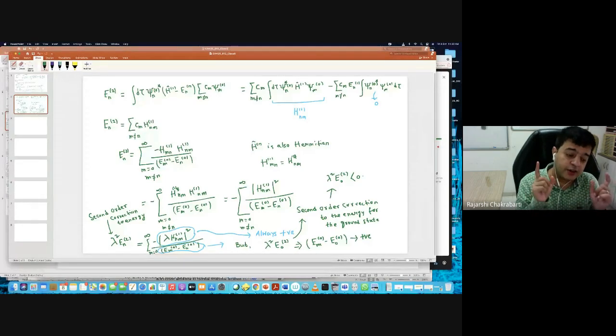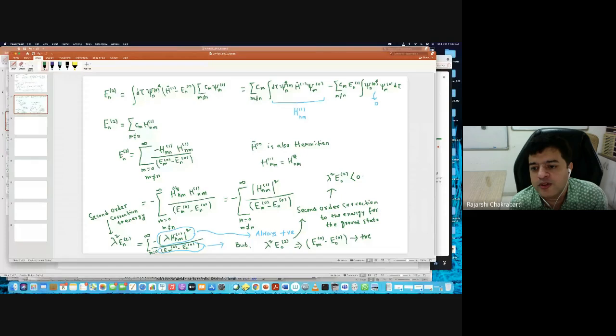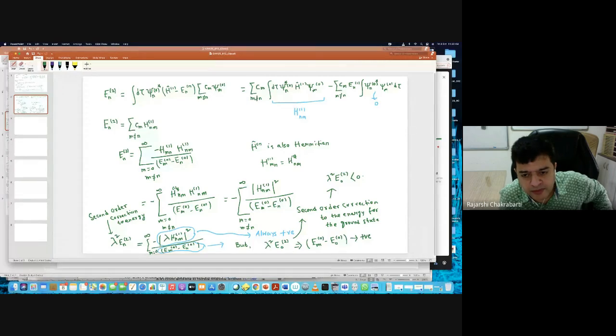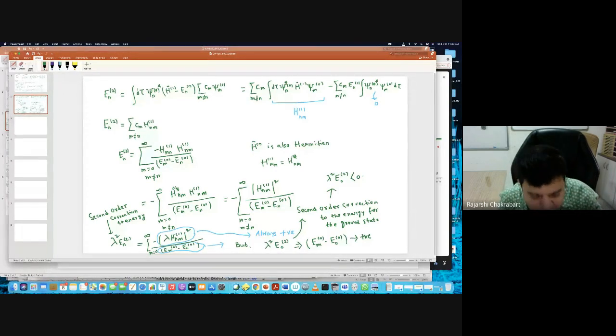The second order correction to the energy for the ground state is always negative. Am I clear?